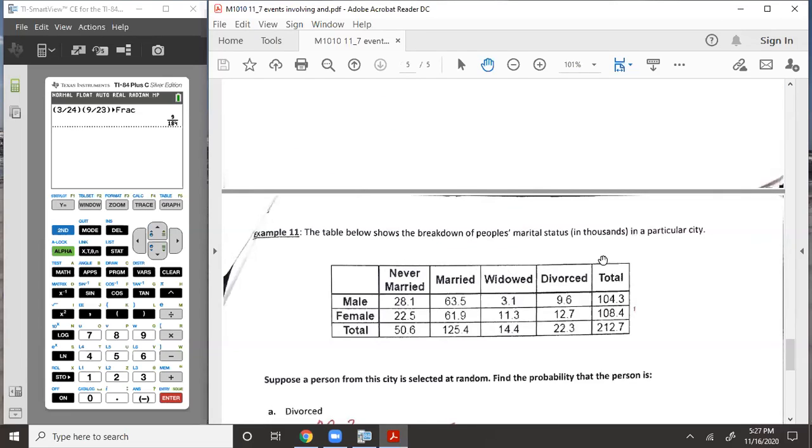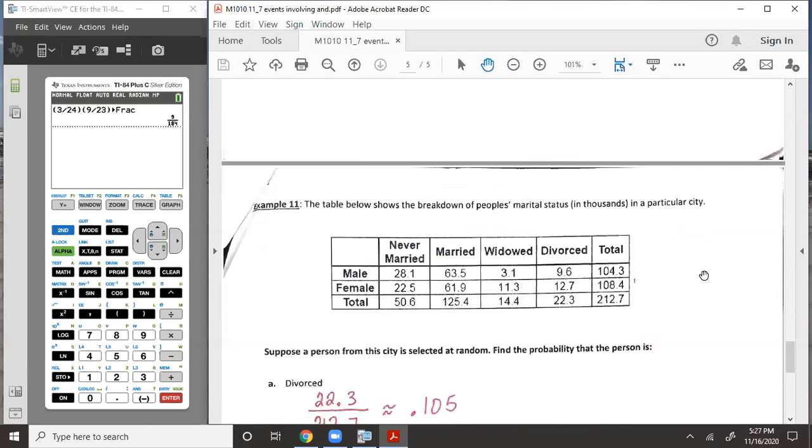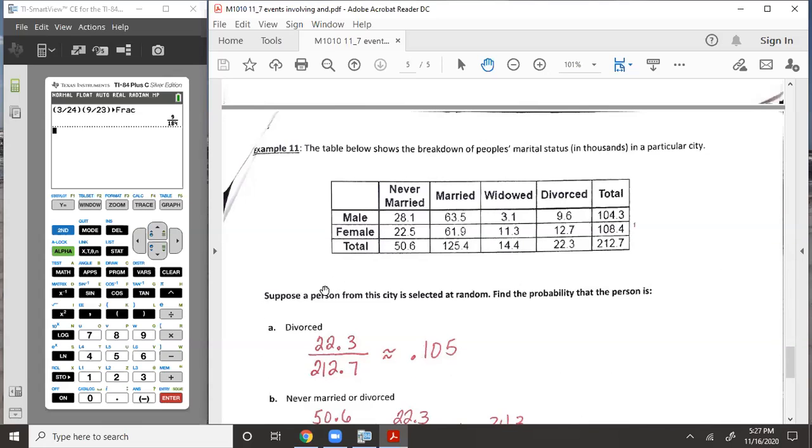Example 11, the table shows a breakdown of people's marital status in thousands in a particular city. Suppose a person from this city is selected at random. Find the probability that the person is divorced. So the number of total people that's in the denominator at the bottom there is 212.7 thousand.